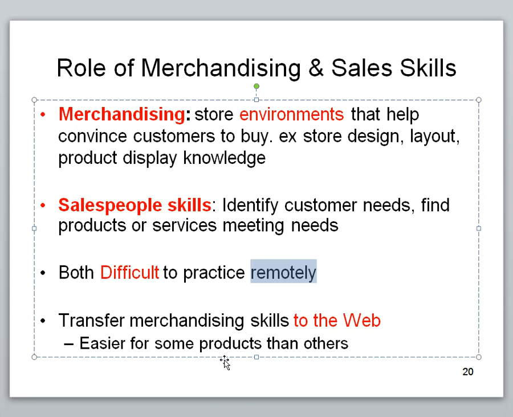However, we see systems that try to provide merchandising, try to make salespeople available online for people whenever they have a question, whenever they would like to inquire or need somebody to help and so on. But it's not the same as physical touch, of course. So transferring merchandising skills to the web is not easy. So it's an issue actually in e-commerce.